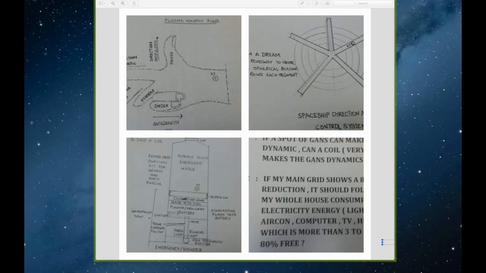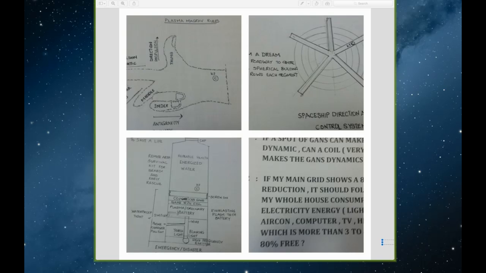If a spot of GANs can make a coil dynamic, can a coil very small make the GANs dynamic? Well, that's a great question. I love it, and this is actually something I've been pondering myself. So the GANs already is dynamic. If you use a coil on it, you'll probably add some energy to it, but the GANs is not a static thing. It's constantly in motion.